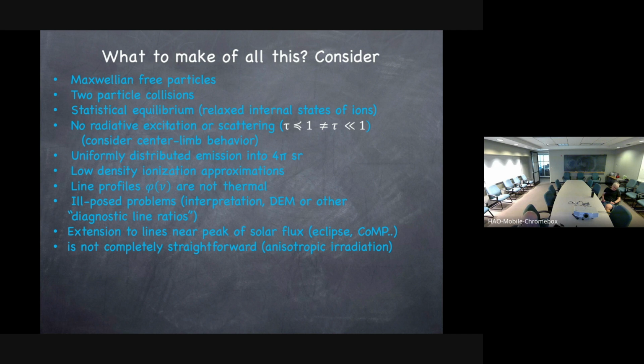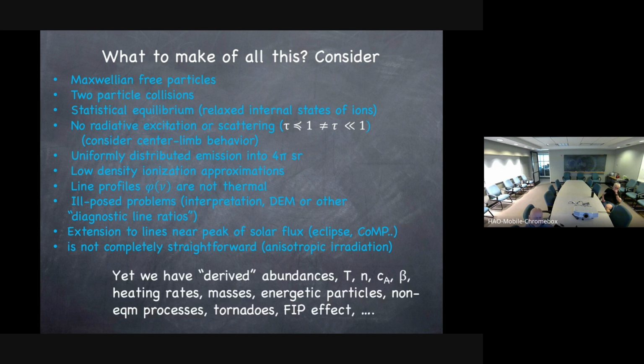Well, if you've got motions on small scales that are unresolved, but we have a div of NV term in the statistical equilibrium, which we're not addressing, we really have to think, well, maybe we're throwing something out with the bathwater here. We have ill-posed problems, and we have extension to lines near the peak of the solar flux, which is not completely straightforward. That's what I just mentioned with the infrared and optical transitions.